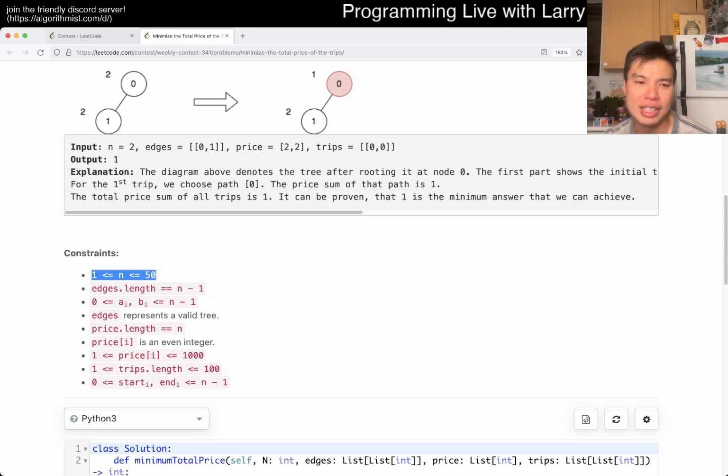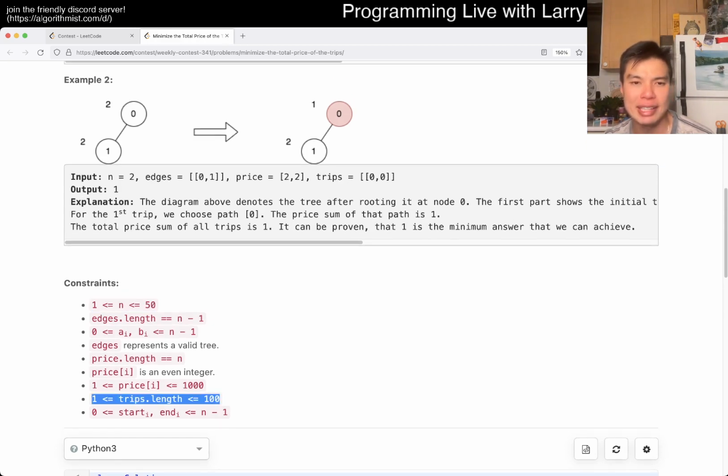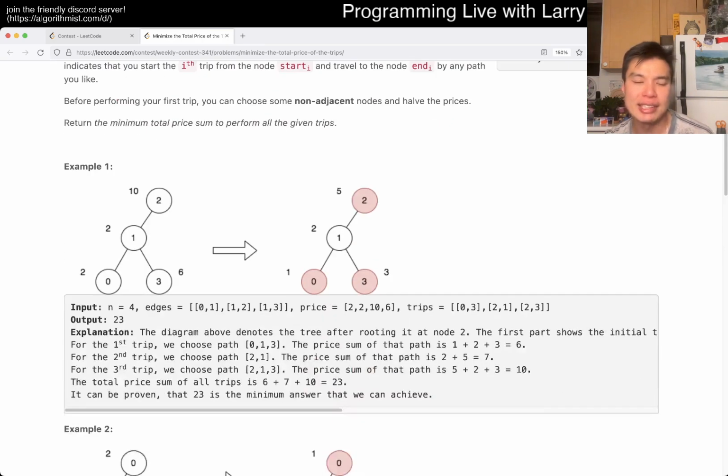So that's basically my logic: for every trip, I do a BFS and calculate how many times each node gets visited. I aggregated all the nodes together because you only need the sum. Then after that, let's do a dynamic programming on the tree, knowing what the rate is for each node.